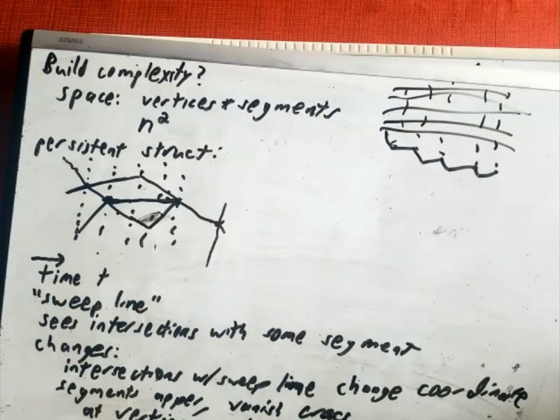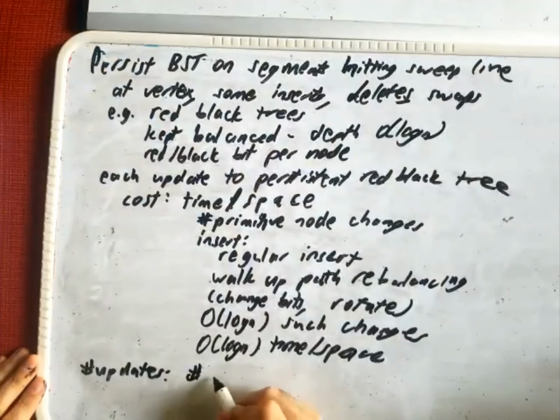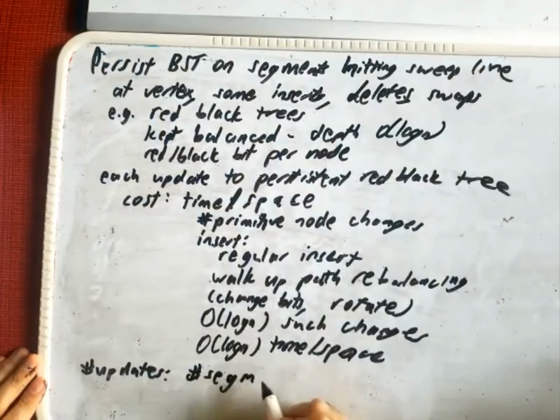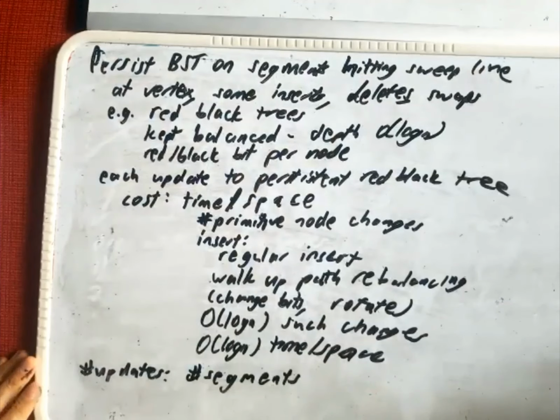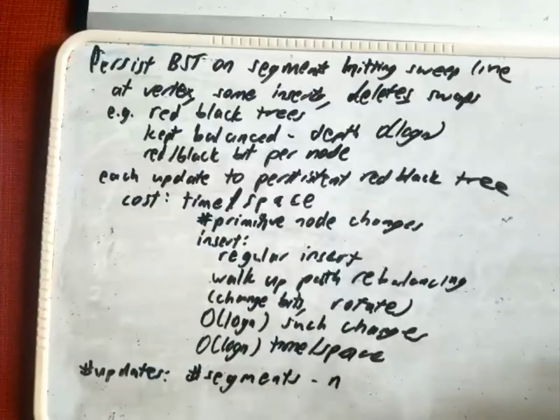At every vertex, there is either a segment ending or a segment beginning. So the number of updates is going to be equal to the number of segments in that case, which is sort of the size of the input problem, which means that the overall cost of performing all of those inserts and deletions over time is going to be n log n operations times the log n cost per operation.